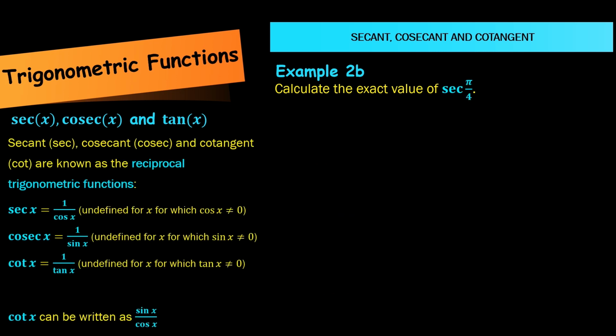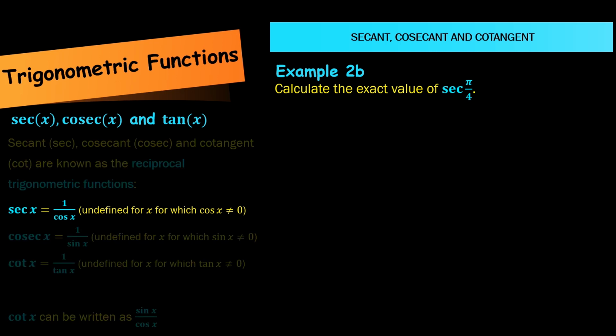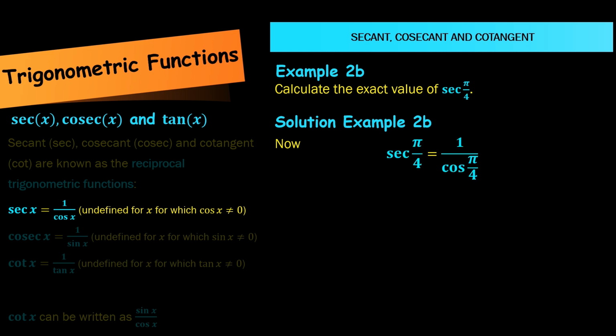Now let's take a look at part B. We are required to calculate the exact value of sec pi by 4. We have that sec x equals 1 over cos x. So plugging in x equal to pi by 4 into the definition gives us that sec pi by 4 equals 1 over cos pi by 4.